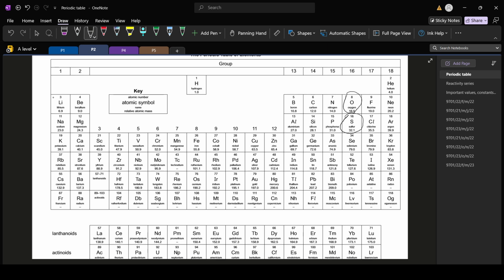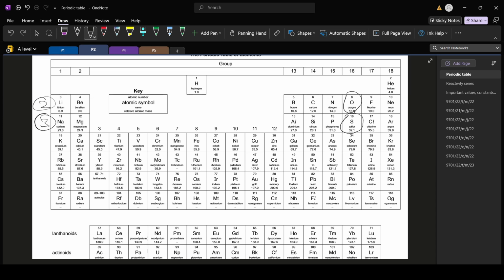Oxygen is in the second period and sulfur is in the third period. So oxygen has two shells and sulfur has three shells. So the distance between the nucleus and the outer electrons increases in sulfur.